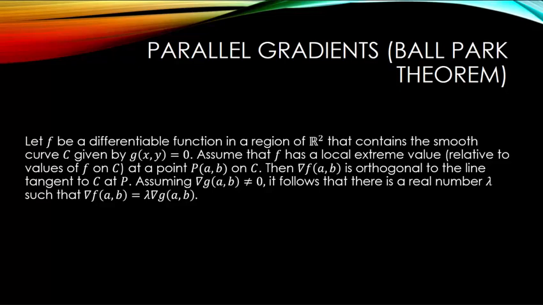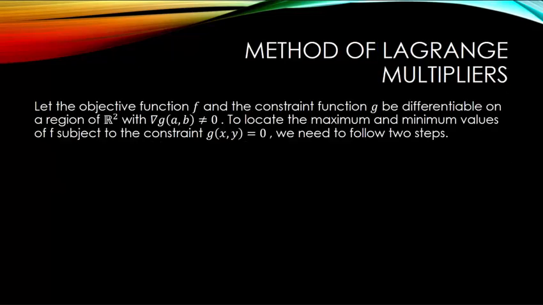Assume that f has a local extreme value relative to values of f on the curve C at a point P with coordinates (a,b) that lies on C. Then the gradient of f at (a,b) is orthogonal to the line that is tangent to C at the point P. Assuming that the gradient of g at (a,b) is not 0, it therefore follows that there exists a real number lambda such that the gradient of f at (a,b) is equal to lambda times the gradient of g at (a,b).